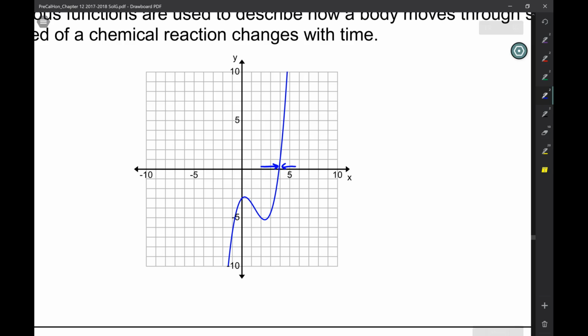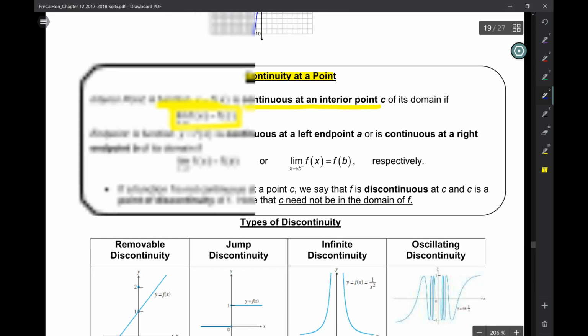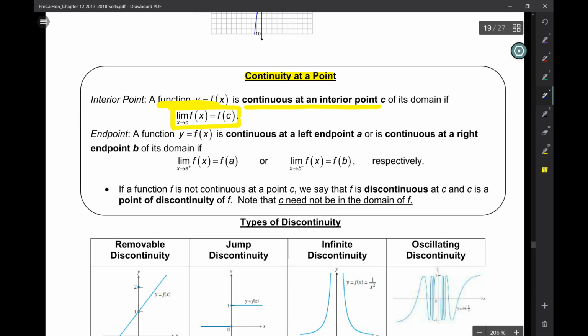What is f of 4? It's also 1. So since the limit and the value are the same, it's continuous at that point. Or you can just look. Basically, the limit has to be the same as the value there.